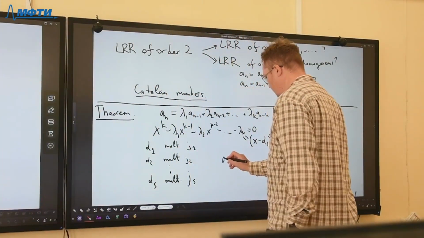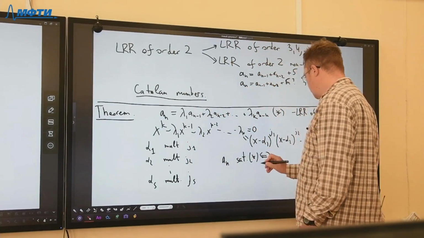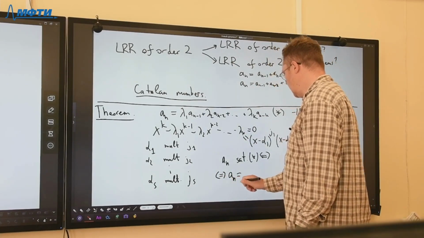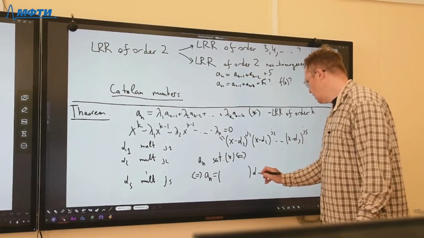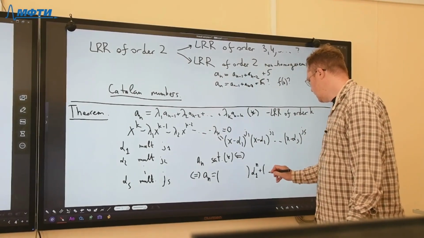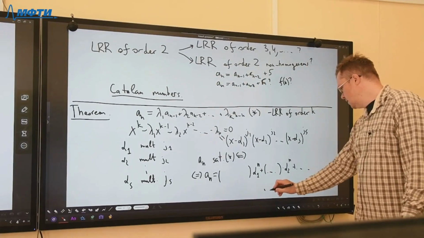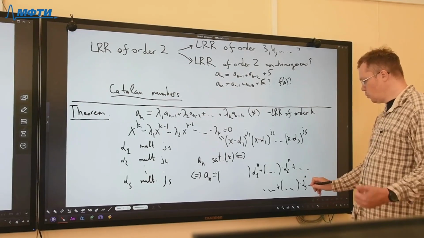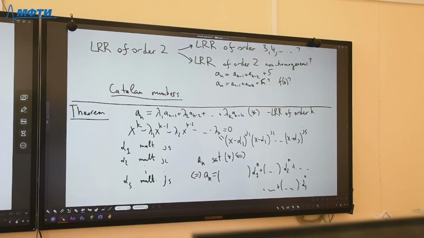Then an satisfies the linear recurrence of order k if and only if an can be defined as alpha 1 to the power n times some bracket, plus alpha 2 to the power n times another bracket, and so on. In the brackets, we need to write a polynomial of n of degree multiplicity minus 1.